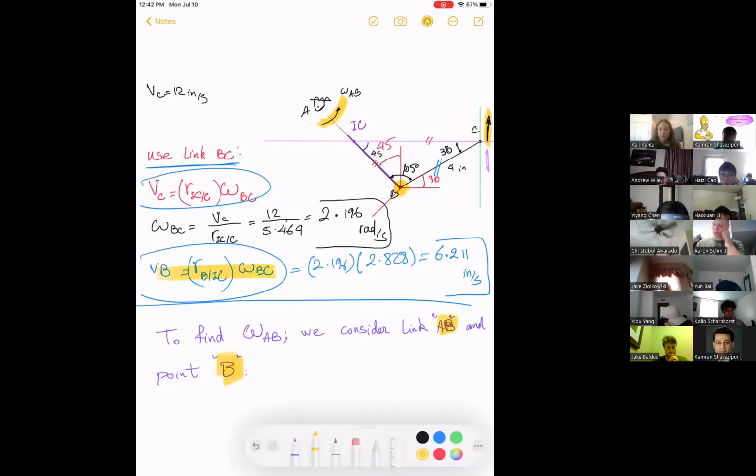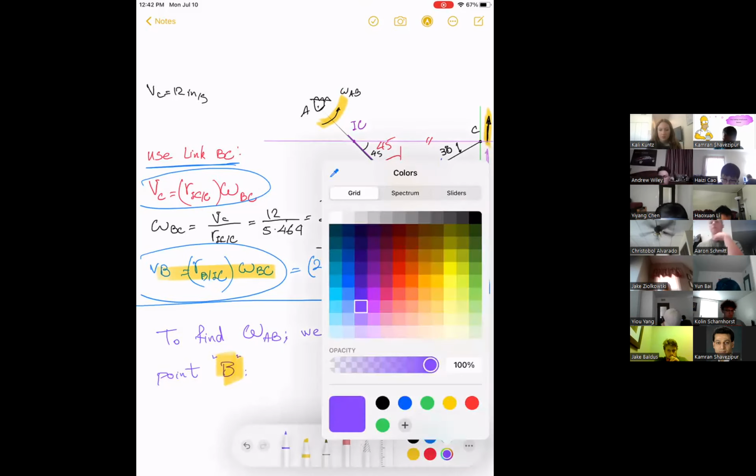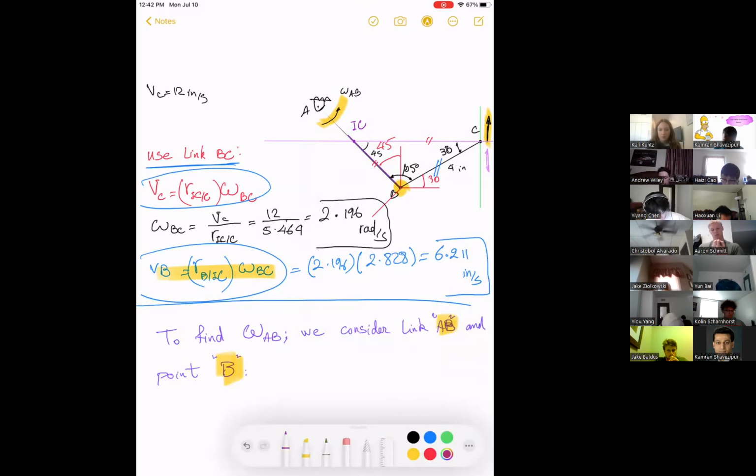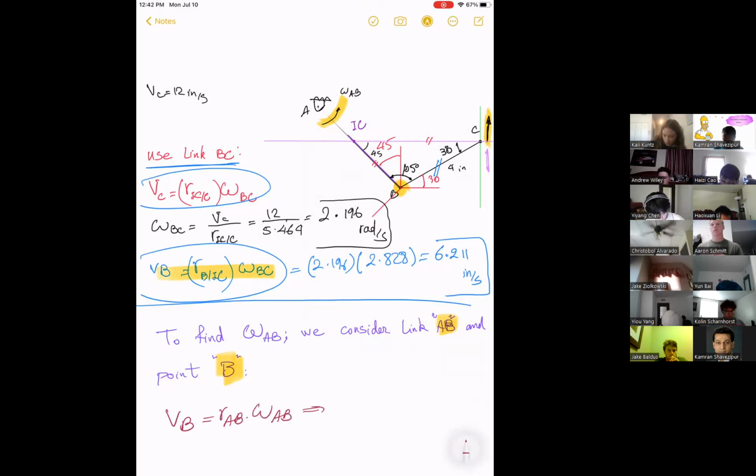Now, if that's the case, I get VB equals RAB times omega AB, and from here, omega AB is VB over RAB.